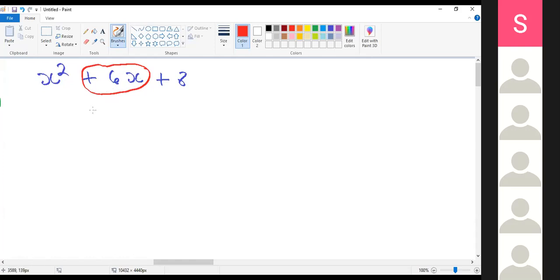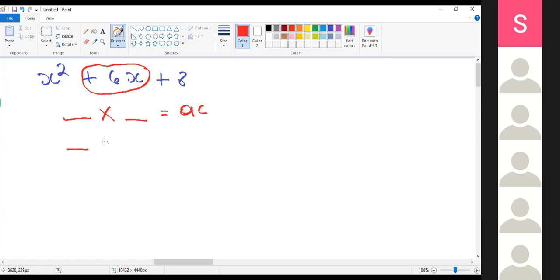Now there is a rule governing how you do the split, and that is what we're going to be focusing on right now. In order to get the 2 numbers that you're using to split this 6x, you have to find 2 numbers that when you multiply them, you get the product of AC. Remember, we looked at what A is and what C is before.